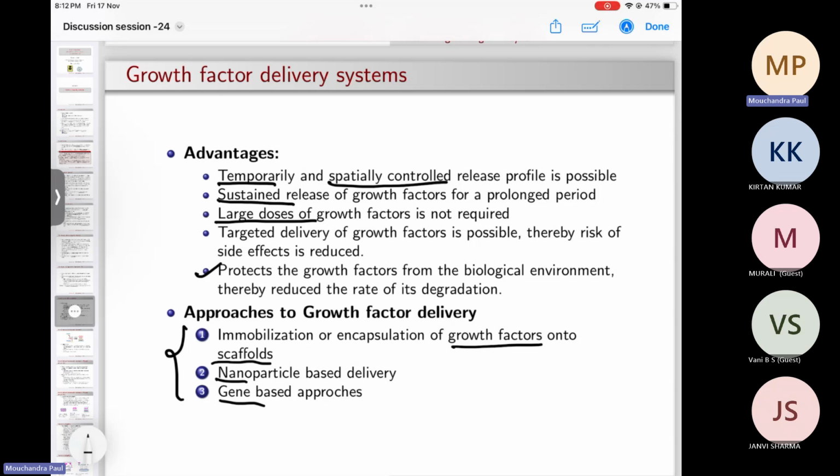Using these three approaches, we can ensure delivery of a particular growth factor, and use these growth factors to signal our cells and change their behavior in the direction of our application.